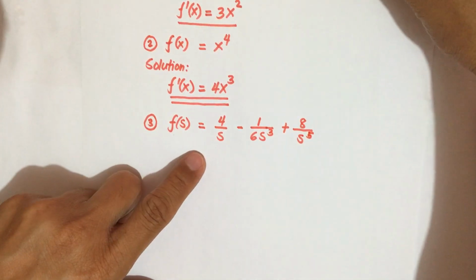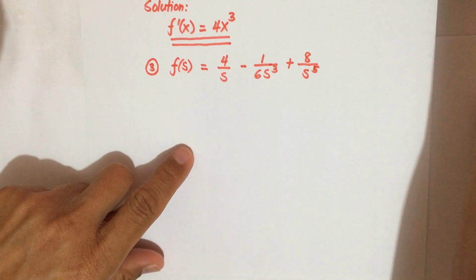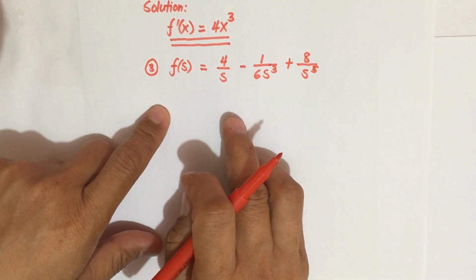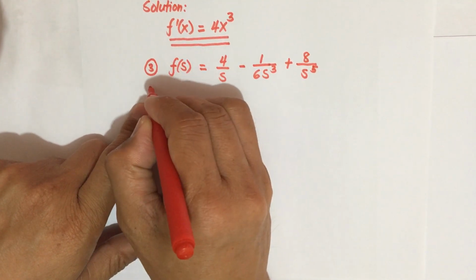How will you solve this one? This is now a combination of the sum and difference rule as well as the power rule.